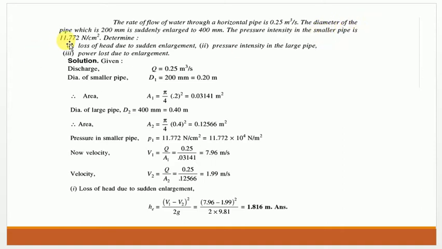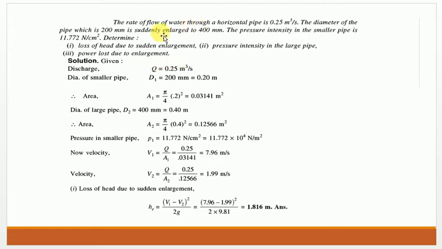The diameter of the pipe, which is 200 mm, is suddenly enlarged to 400 mm. The pressure intensity in the smaller pipe is 11.772 Newton per centimeter square. So we need to determine the loss of head due to sudden enlargement, pressure intensity in the larger pipe, and power loss due to enlargement.